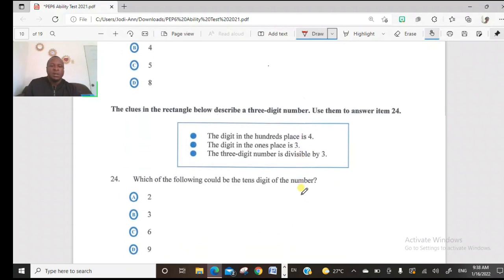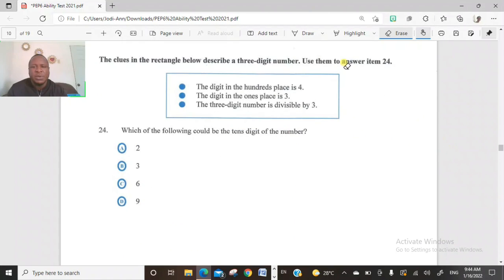Alright, moving on. The clues in the rectangle below describe a 3-digit number. Use them to answer item 24. Now it says the digit in the hundreds place is 4. Alright, so let us start to draw this up. So hundreds place, we have 4.